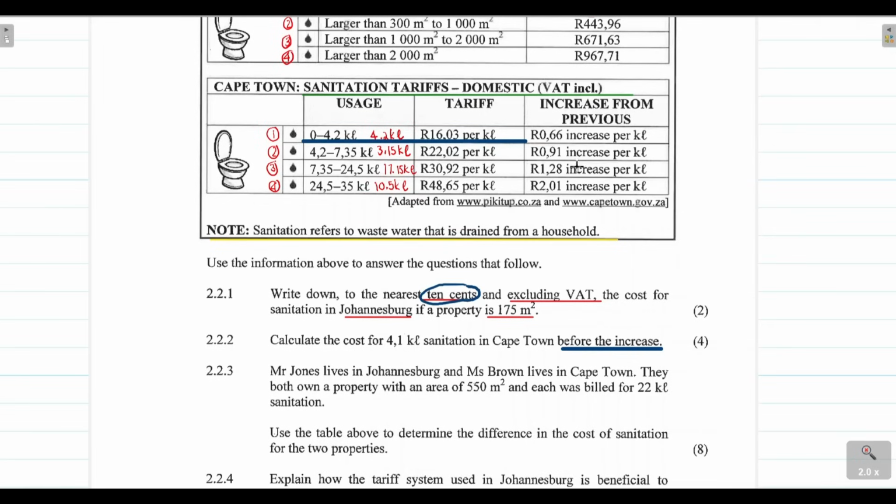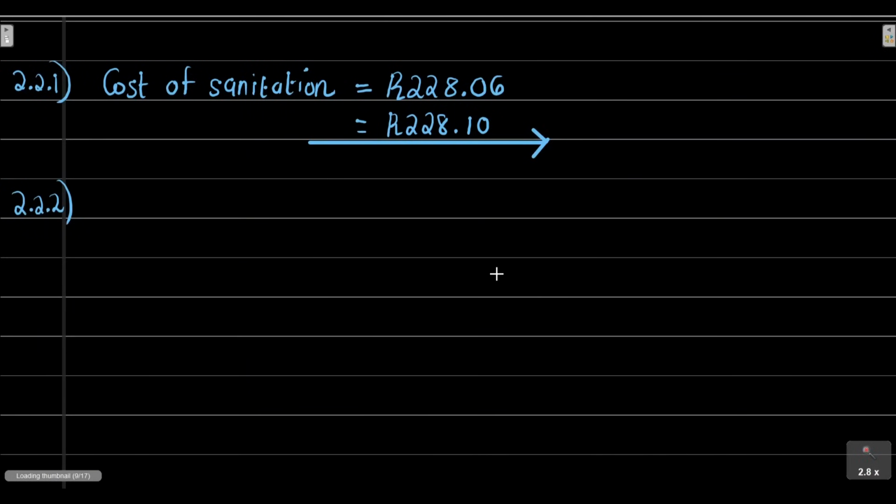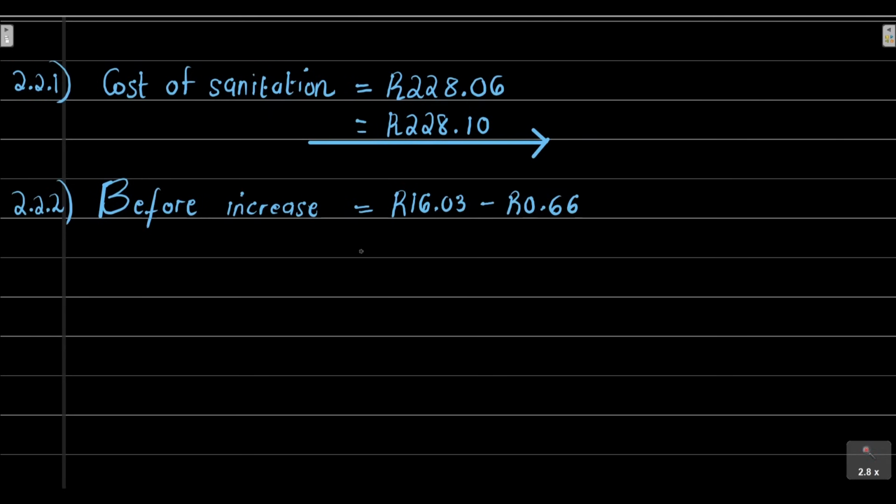And we want the price before the increase. So we will just take that 16 rand and 03 cents, and you're gonna minus that 0.66 cents, because we want to find out what was the price before the increase.